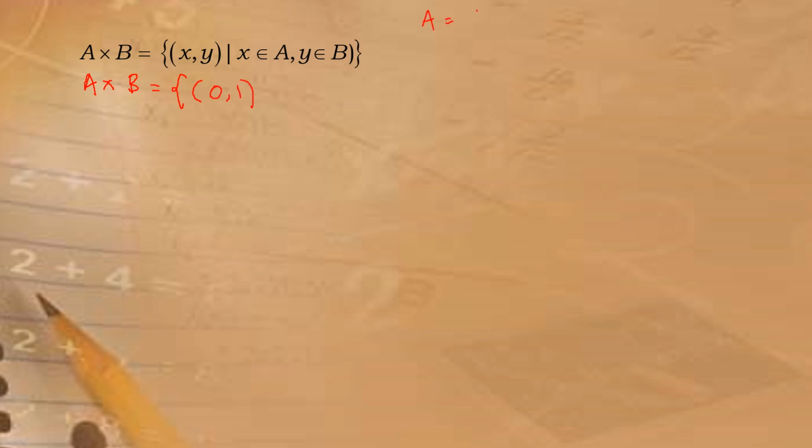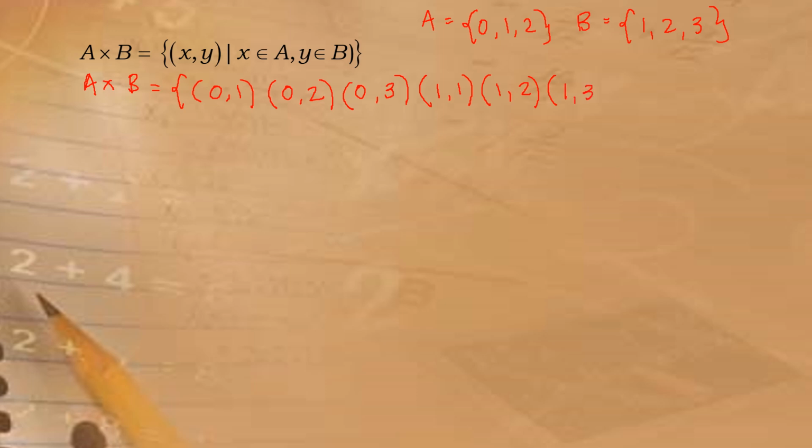Let's recall the set A, we have 0, 1, 2, and set B are 1, 2, and 3, right? So next will be 0, 2, then 0, 3. We also have 1, 1, 1, 2, and 1, 3. Next is 2, 1, 2, 2, and 2, 3. So these are the A cross B.